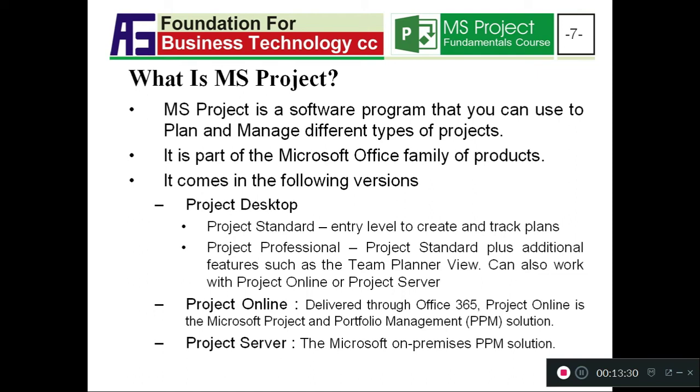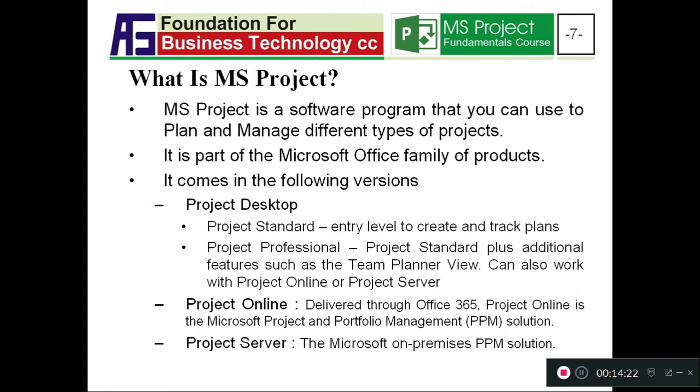So in addition to the project desktop, we have got project online. So the project online is delivered through Microsoft Office 365. So the project online is Microsoft's project and portfolio management solution. I'm sure you've heard of PPM.